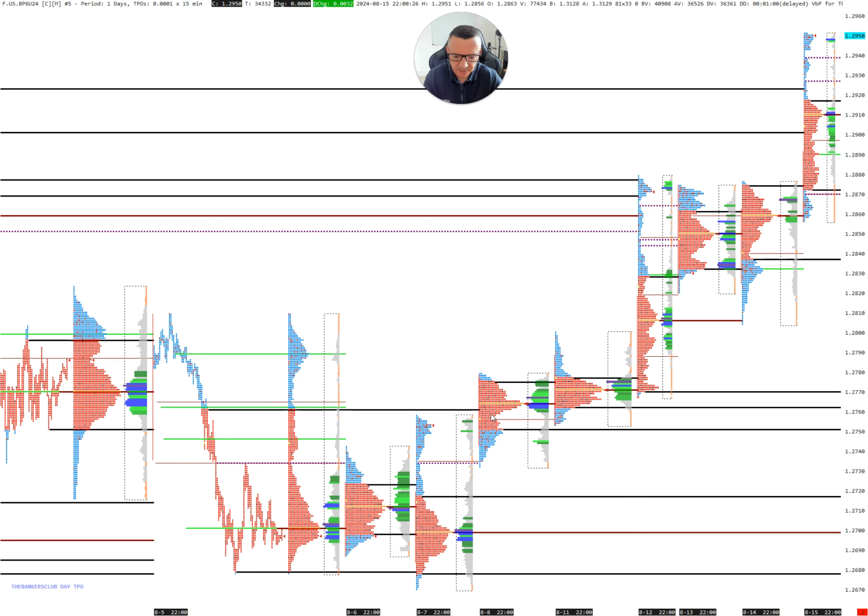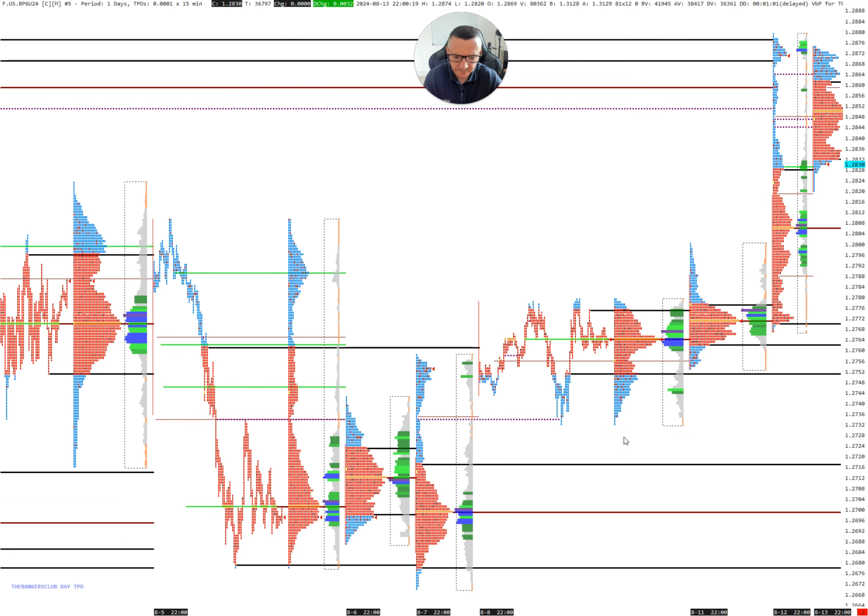Okay, so let's just open this one up. But just by magic, you can see prices opened up, traded up this area, no real confluences, just using the daily TPO.